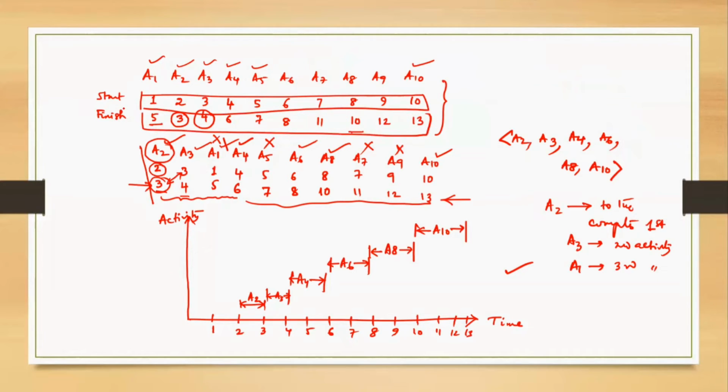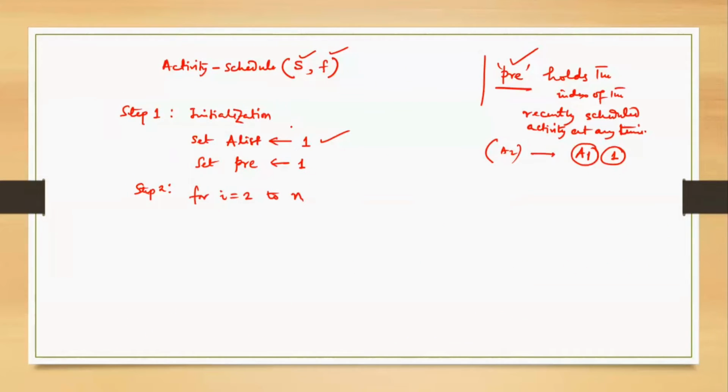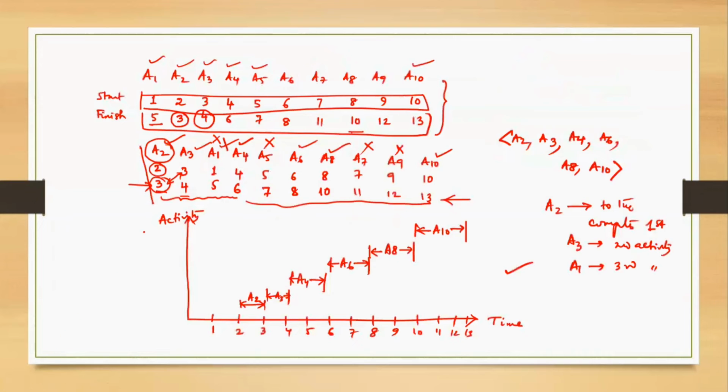So it is basically an array of starting times and an array of finishing times. So S holds the set of all starting times of the activities after sorting, and F holds the finishing times of all the activities after sorting. So in our example, this is S and this is F.